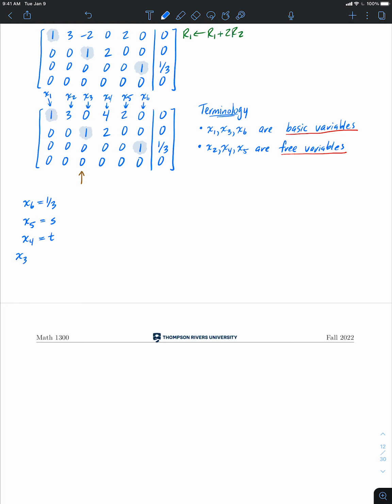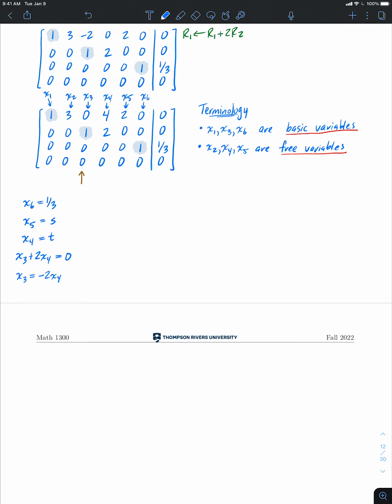That equation is x3 plus 2x4 is equal to 0. Then just isolate the basic variable you're dealing with. x3 is a basic variable because it corresponds to a pivot column. So we're going to solve for x3, and we get x3 is equal to negative 2x4.